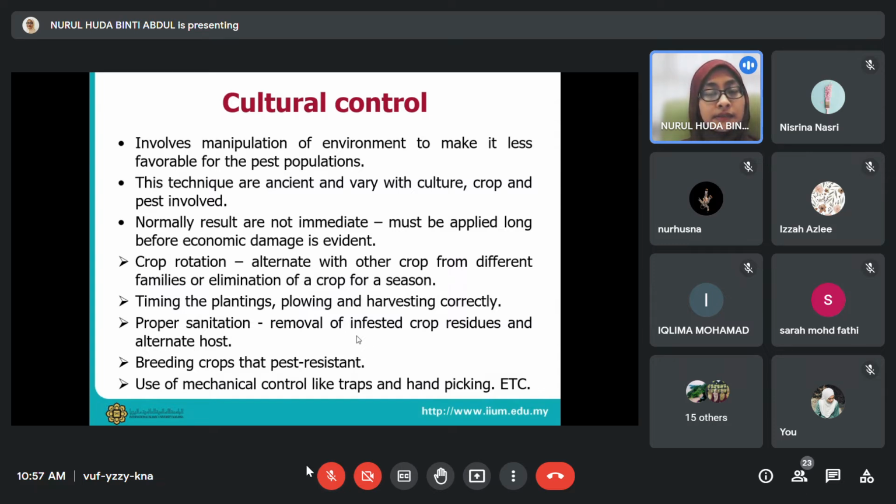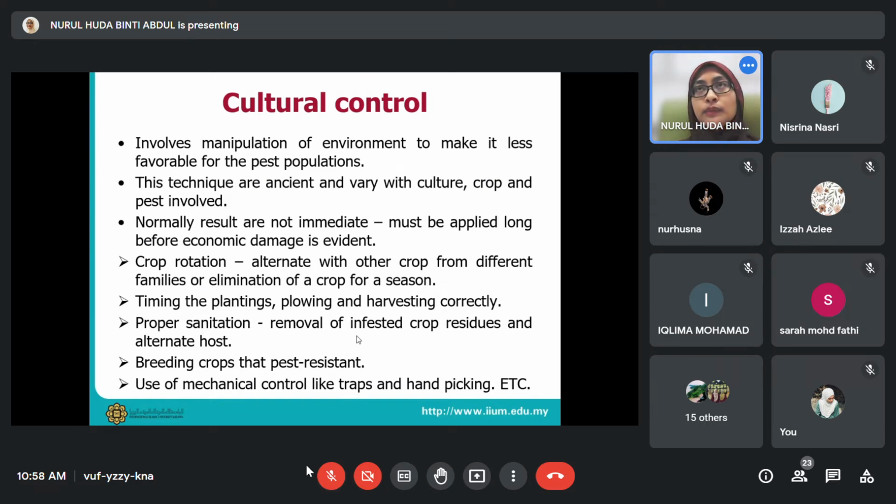But in cultural juga, like I said previously, we combine together with mechanical tadi. Okay, so this technique is very ancient. Maksudnya memang dari dulu orang pakai, and it's also varied with culture, crop and pest involved. So it depend on the crop. Sama ada, okay, katalah bila you tanam banana, okay, so for cultural control, mungkin kamu nak remove stump infested by the borer, for example.